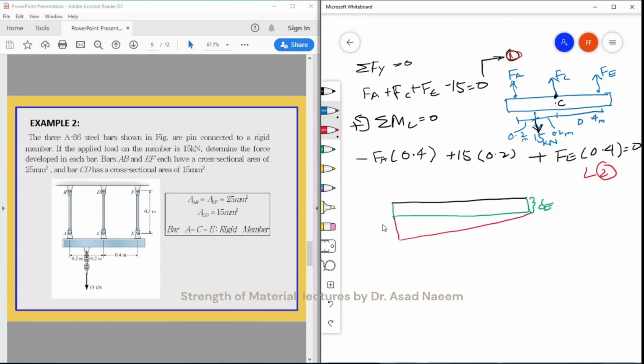this is delta A, and similarly we have delta C, ठीक है. So using the similar triangles, this is 0.4 and this is 0.8.